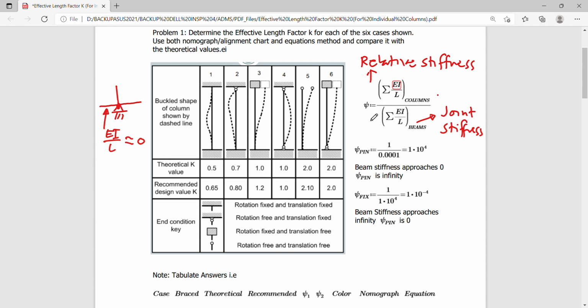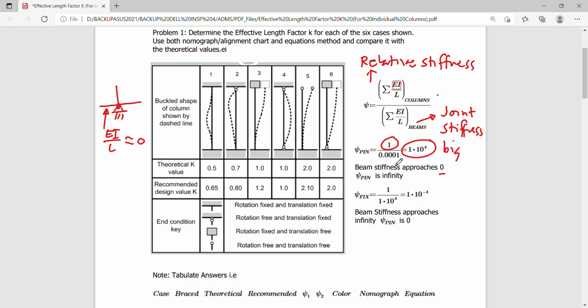relative stiffness now of a pin joint, then we can say that any value which represents stiffness of the column divided by a very small value which represents the stiffness of the beam will yield a very big value for your relative stiffness.